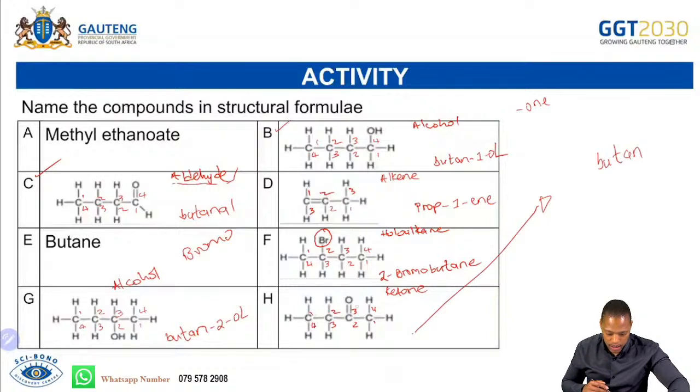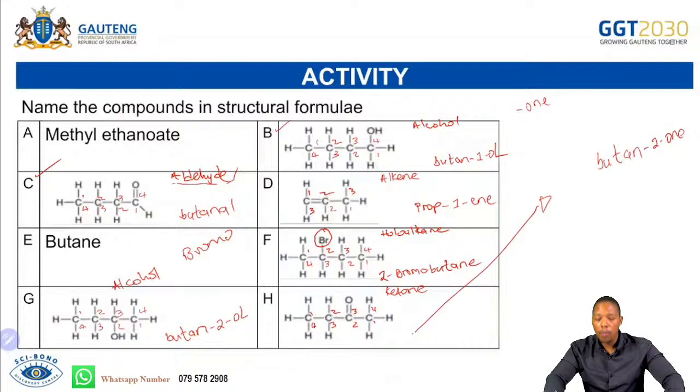Bottom numbering system gives me the C with the double bond on carbon number 2. Which one do I choose? The lowest one, so the bottom numbering system. So this is going to be butan-2-one. Butan-2-one becomes the name of this compound.